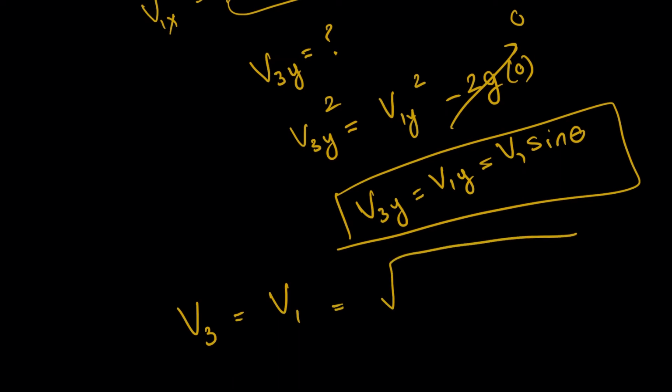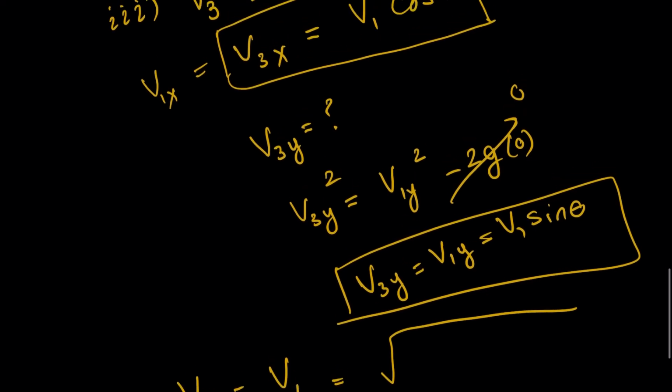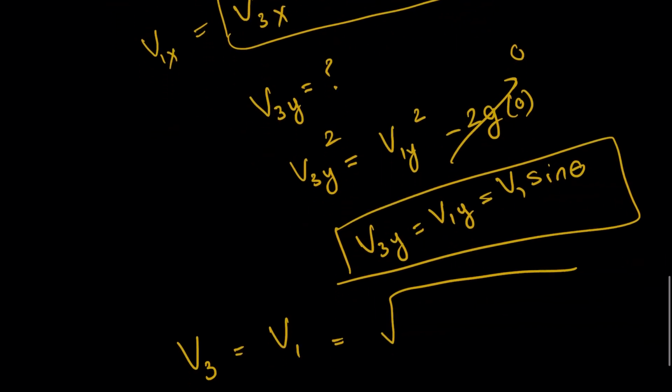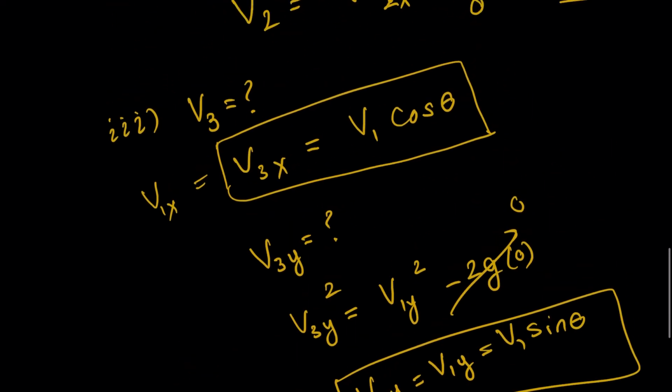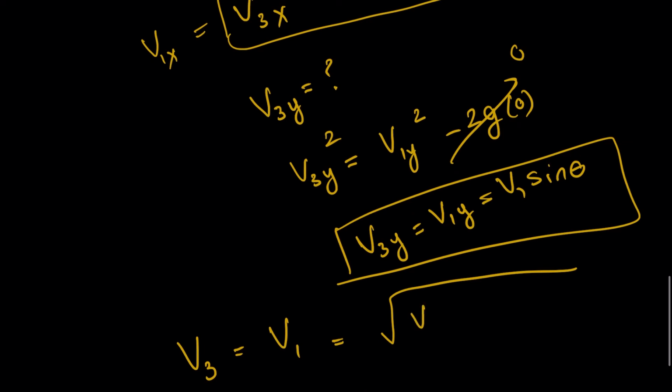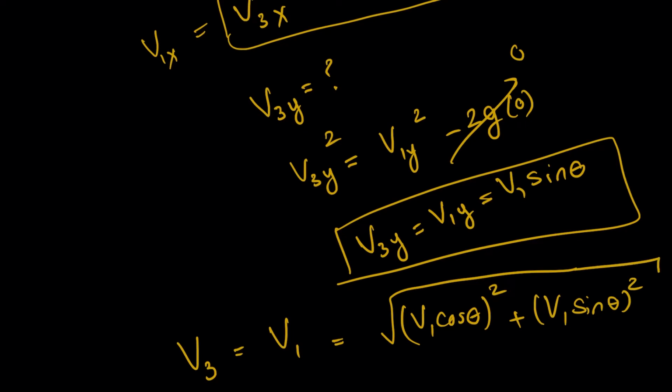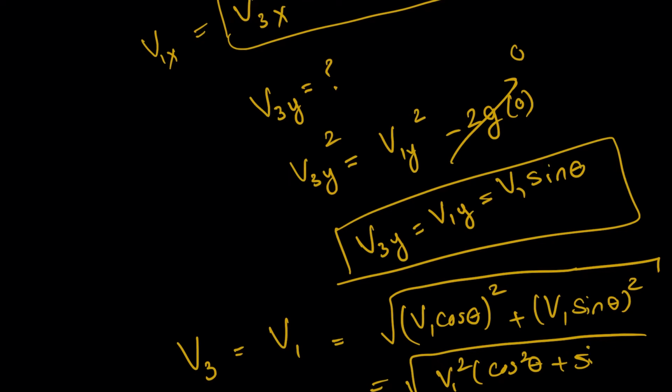So you get that v3 equals the square root of v3x, which is v1 cosine theta, squared plus v1 sine theta squared. And when we do that, we can factor v1 squared out, and we get v1 squared times cosine squared theta plus sine squared theta.